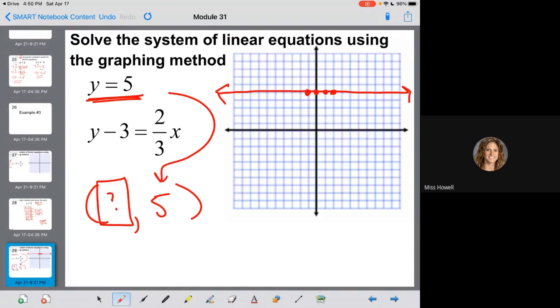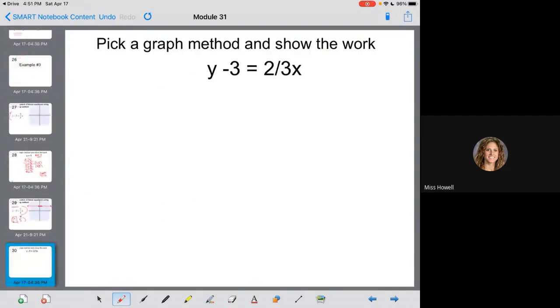And the way that we would find the x of our solution is by working with that other equation to see where it crosses our y equals 5 line. So let's go to our y minus 3 equals 2/3 x line. Now, this isn't really in any format. It's an unsimplified slope-intercept. So let's go ahead and solve for this y by getting rid of this subtract 3 by adding 3.